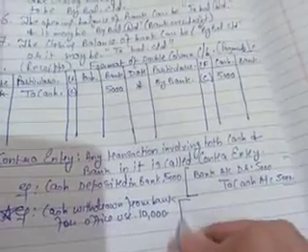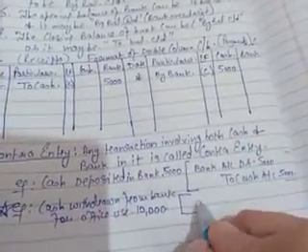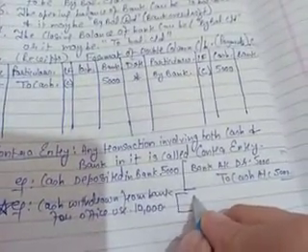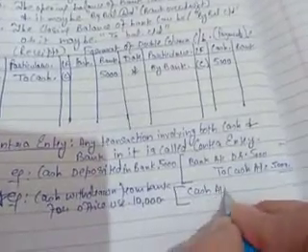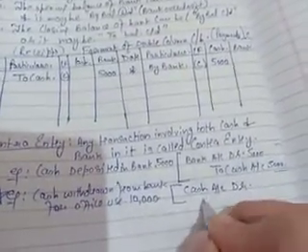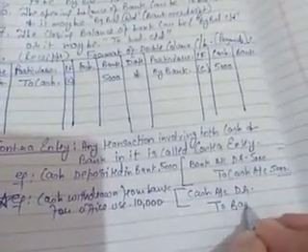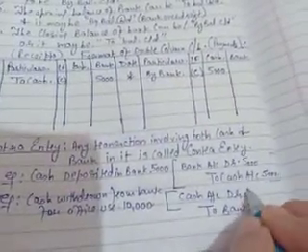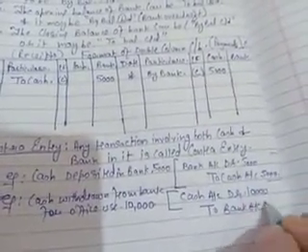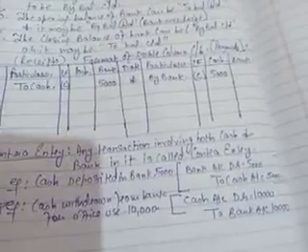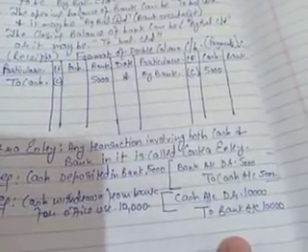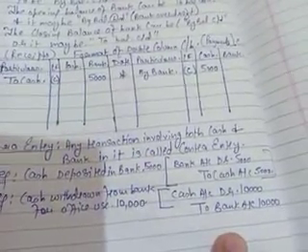What will be the journal entry for this? Cash account debit to bank account, 10,000.